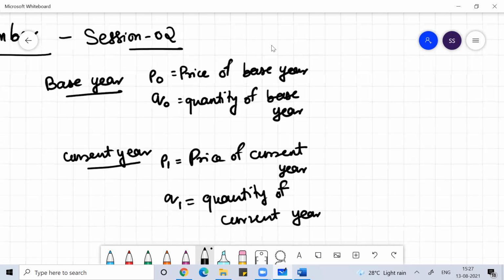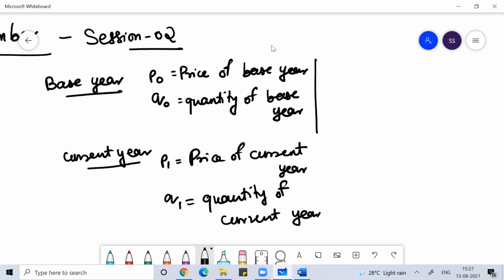The expenditure of the base year, suppose E naught, is P naught into Q naught. You know the formula: price into quantity is equal to expenditure. Everyone, I think, knows this formula.